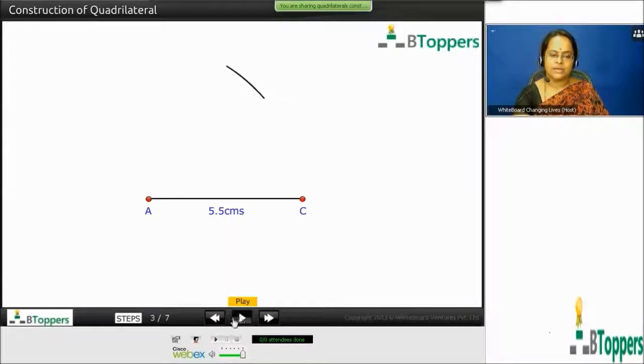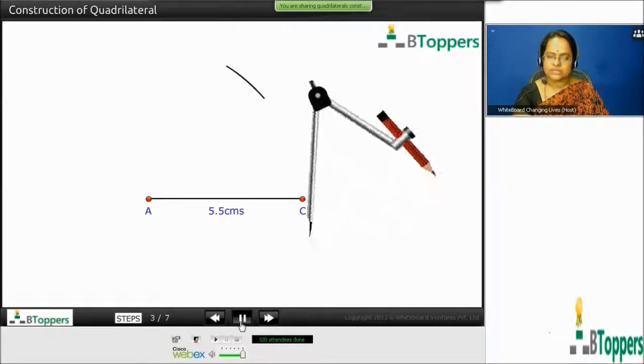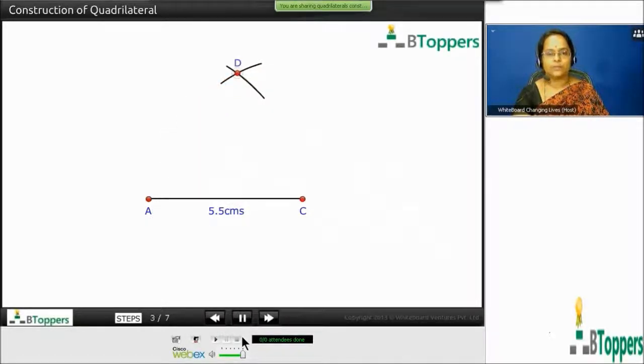Come on. Next step, taking radius equal to 5 centimeters and with center C, we cut the previous arc. Okay? Next step, now we got a point over here.